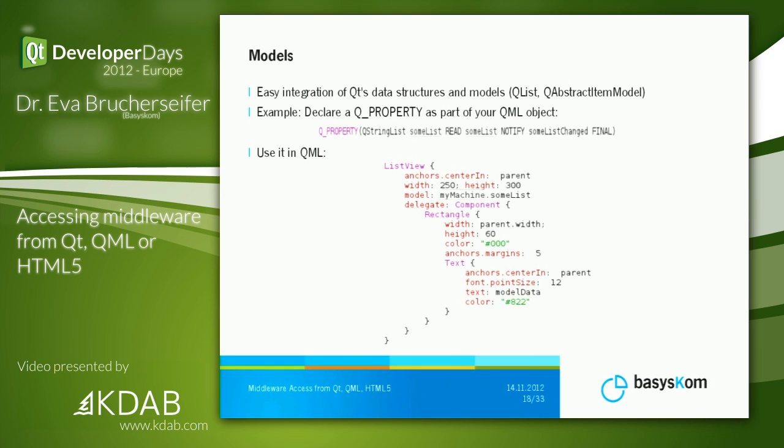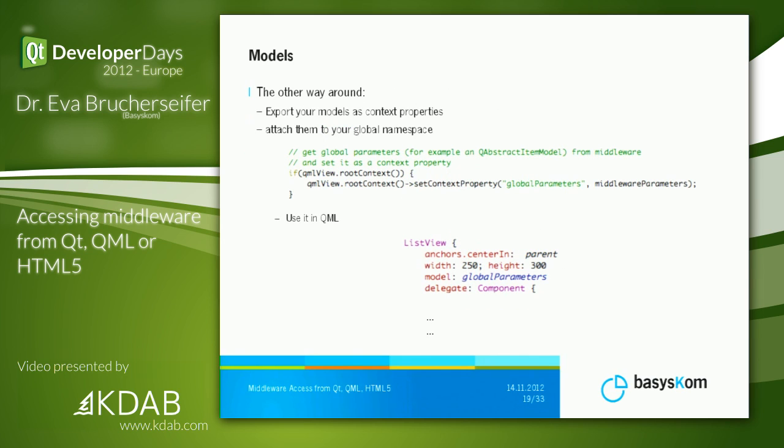For example, we have some list here. Have a Q_PROPERTY again, make it accessible, export it with Q_PROPERTY, set again a signal whenever my underlying model changes, and after we have exported it in QML inside the plugin, we can use it in QML and just put it, for example, in the ListView so that we can see my model inside the list.